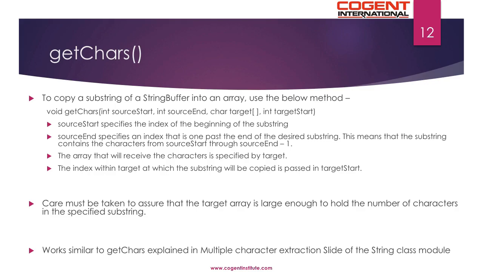This means that the substring contains the characters from sourceStart through sourceEnd minus 1. The array that will receive the characters is specified by target. The index within target at which the substring will be copied is passed in targetStart.